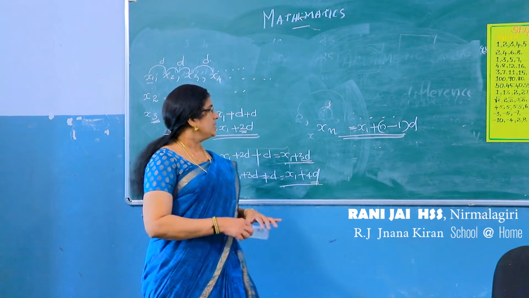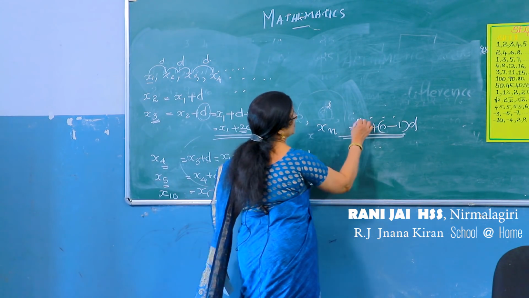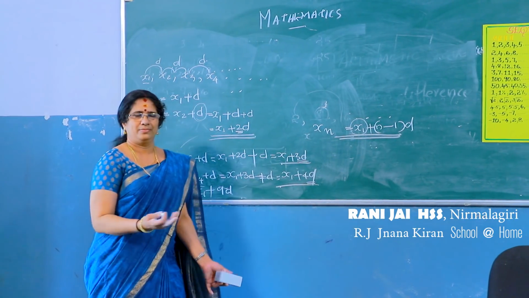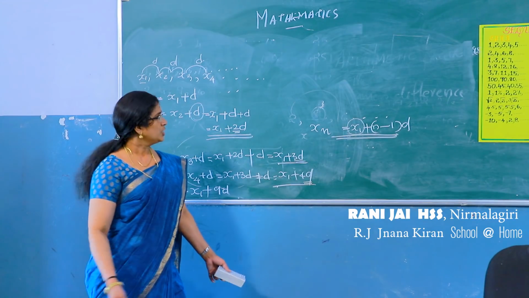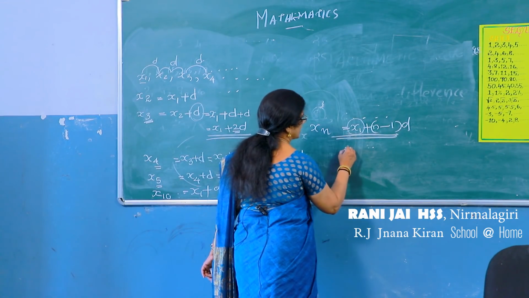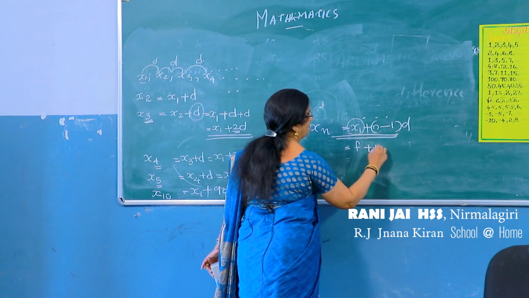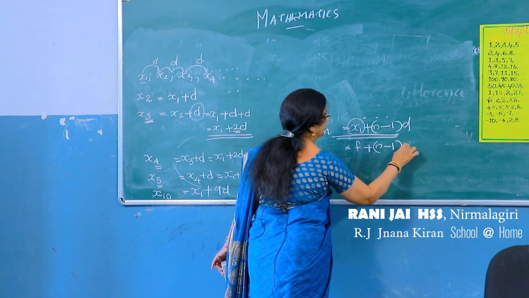Got the point? In your textbook, instead of x1, it is used as f. You can very easily remember, f stands for first term. So we can rewrite it: xn is equal to f plus (n minus 1) into d.